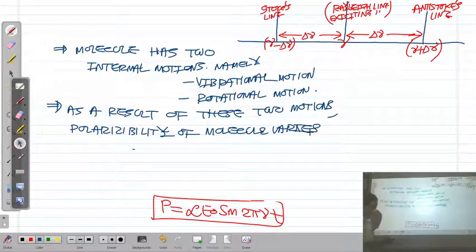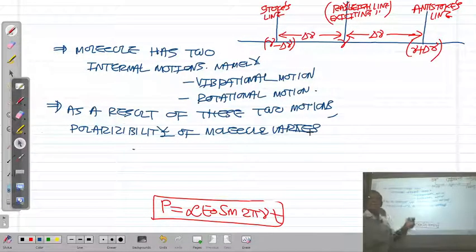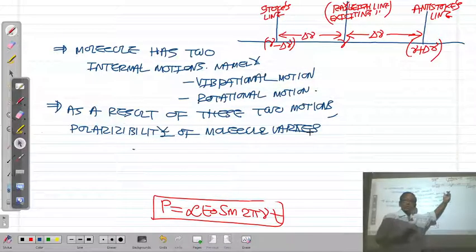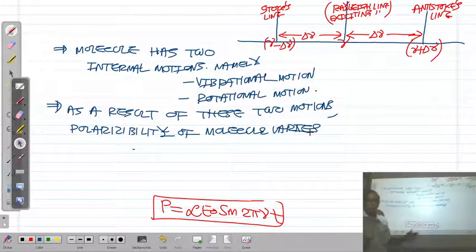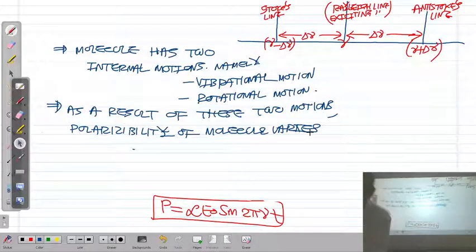So we discuss the changes in the polarization due to vibrational motion and rotational motion.